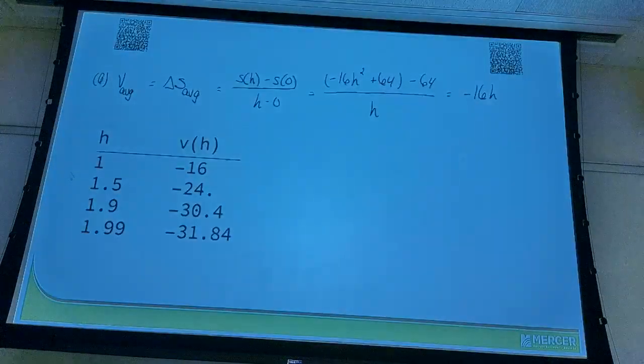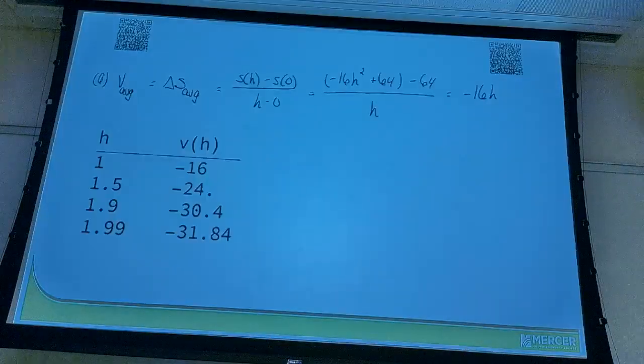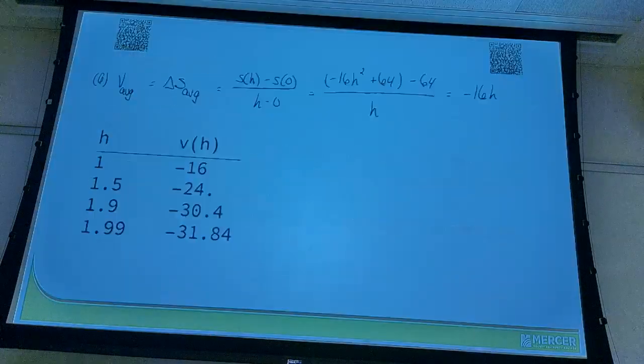It does give me units. What are the units? What are the units of velocity? Meters per second. Not in this case. Feet per second.